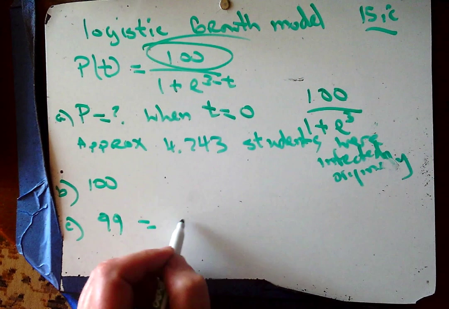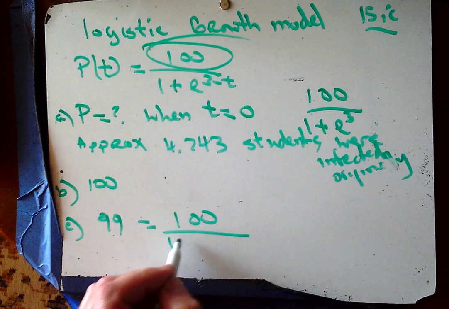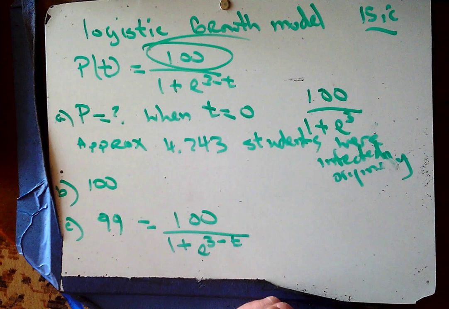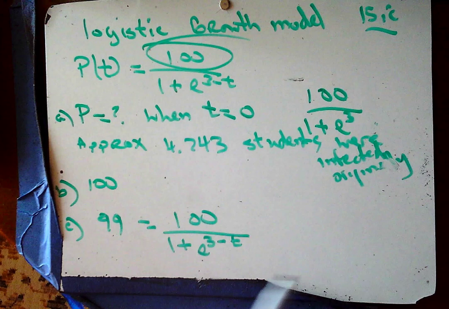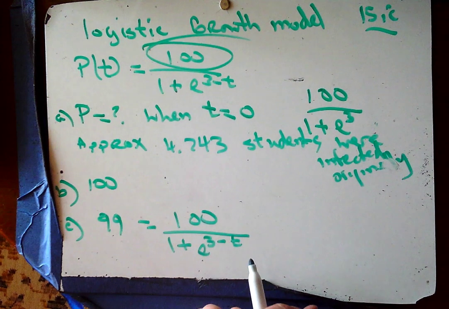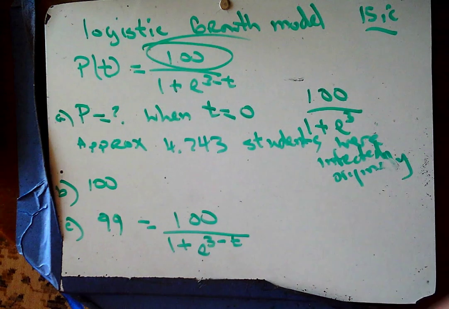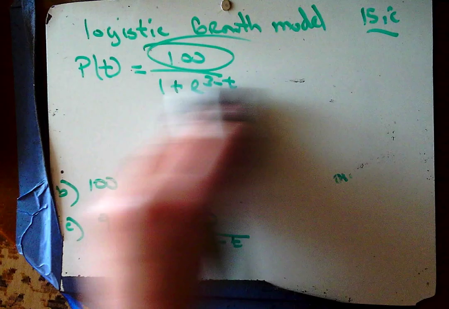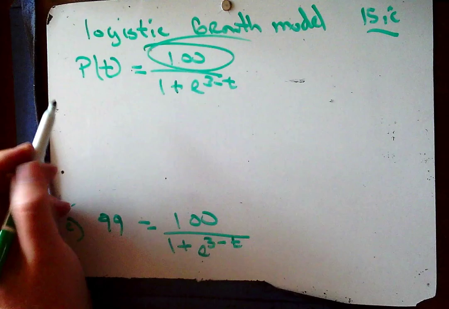So I could always do this: 99 equals 100 over 1 plus e to the 3 minus t, and solve this algebraically. If it's a non-calculator portion of the test, I need to be able to do that. If it's a calculator portion of the test, I need to be able to do that. So let's do it both ways at least once.